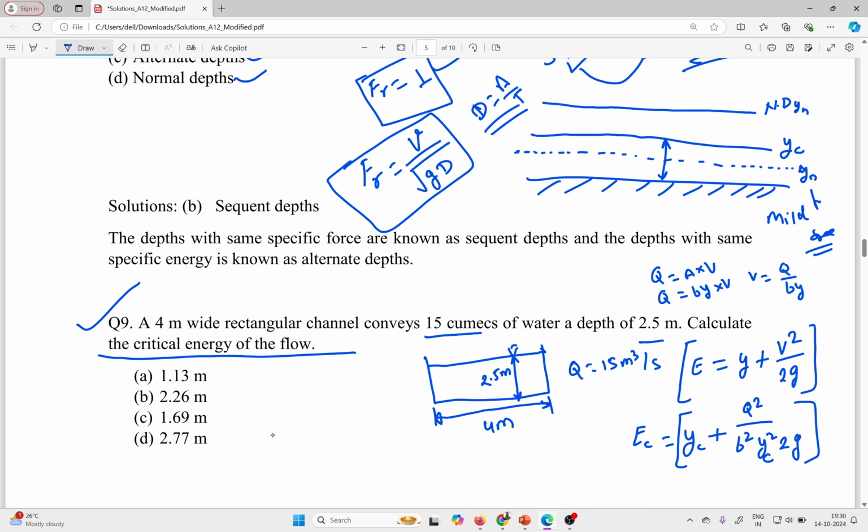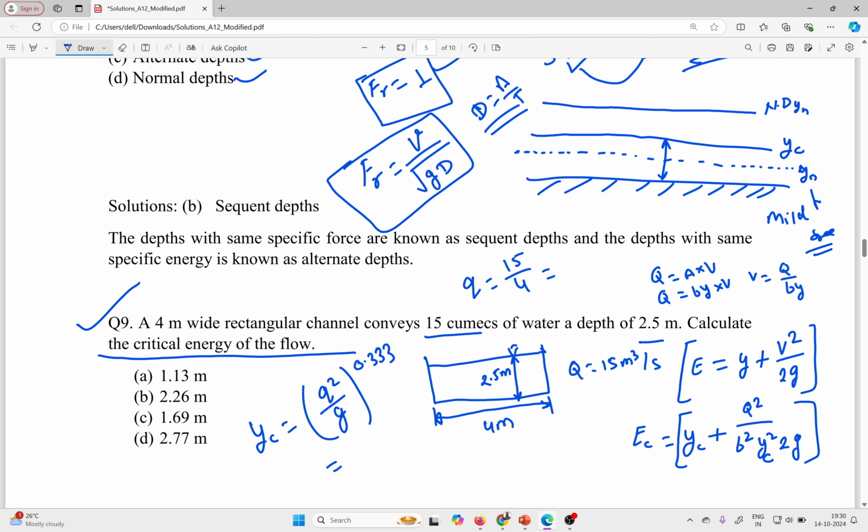So first we need to calculate yc, which is nothing but, as you know already, q square by g to the power 0.33. So here q will be discharge divided by width. Width is 4, already given. After calculating q value you will put it here.